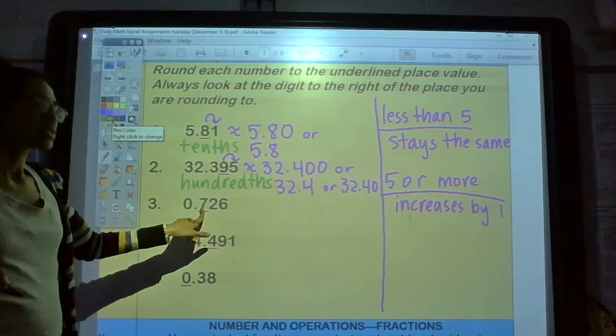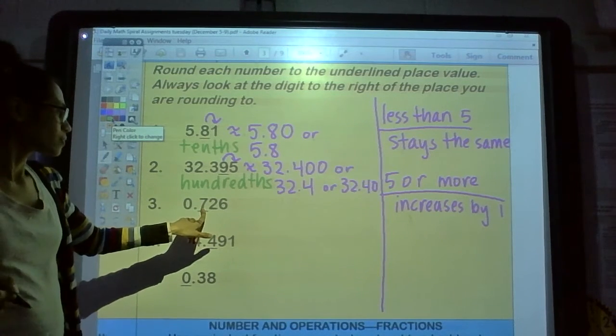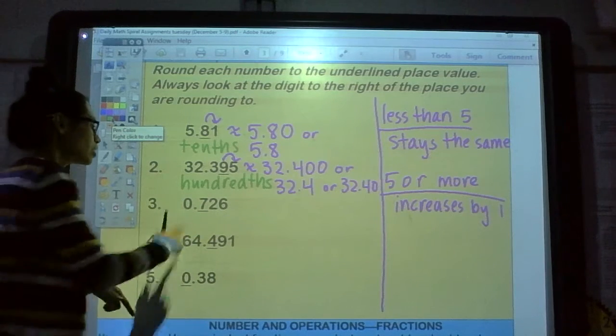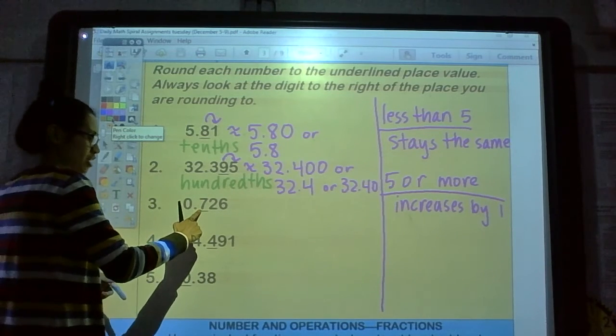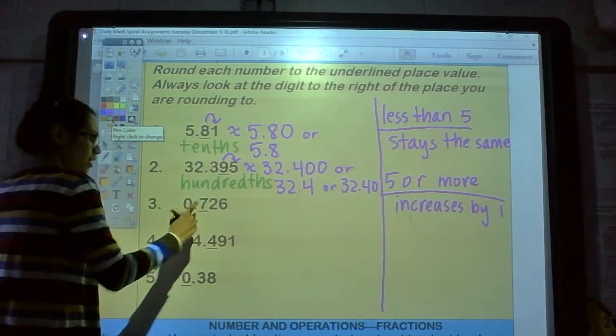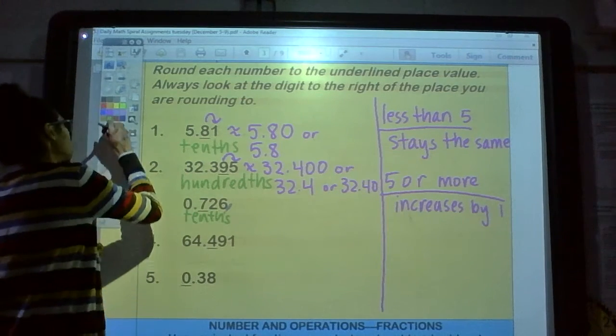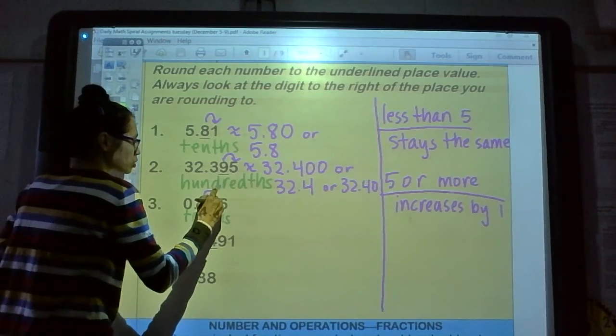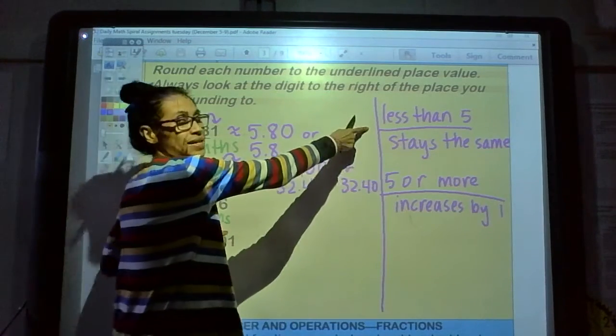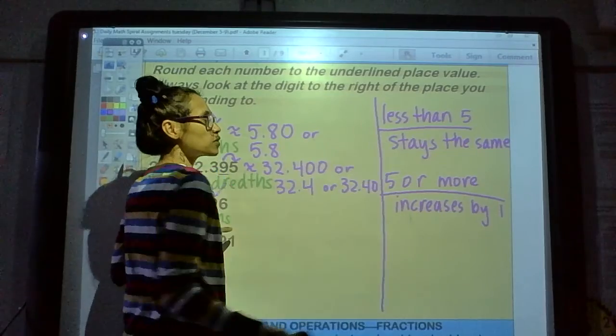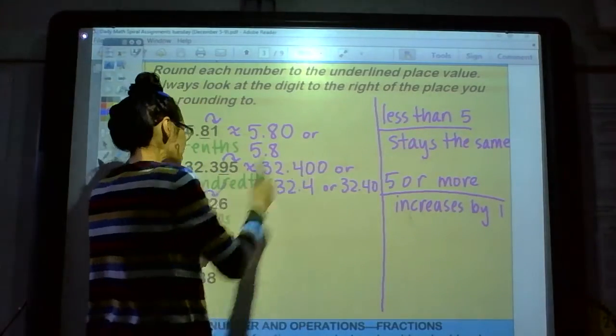Let's say this number, 726 thousandths. We're rounding that 7, which is in the tenths place. So we look to the right. Hi, number 2. Is that 2 less than 5, or is it 5 or more? It is less than 5.